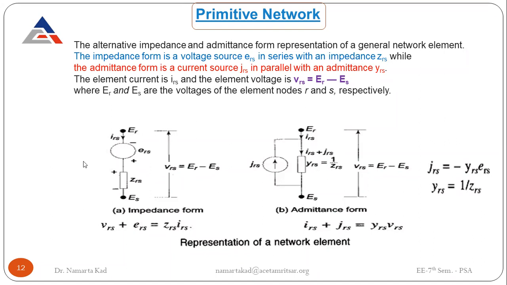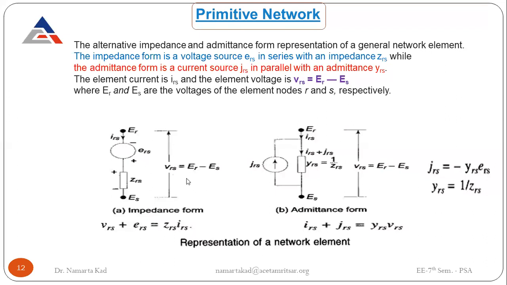Impedance is always converted into a voltage source in series with impedance, whereas if there is admittance, then it is converted into a current source in parallel with the admittance. The element current is IRS and the element voltage VRS is equal to ER minus ES.